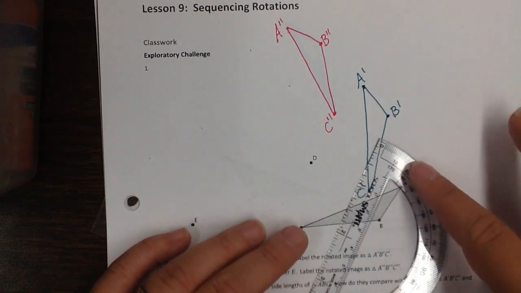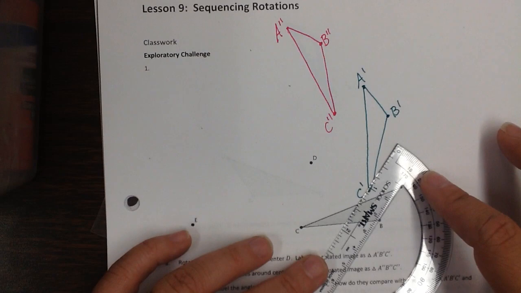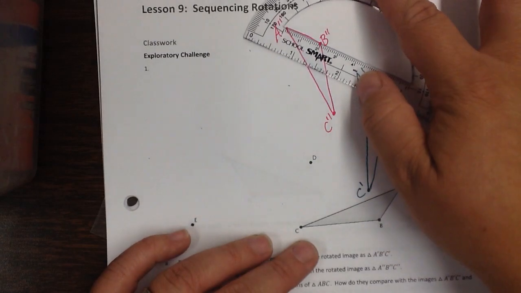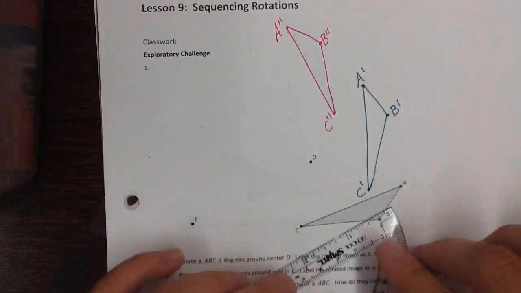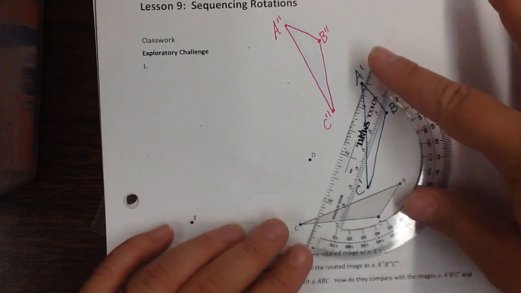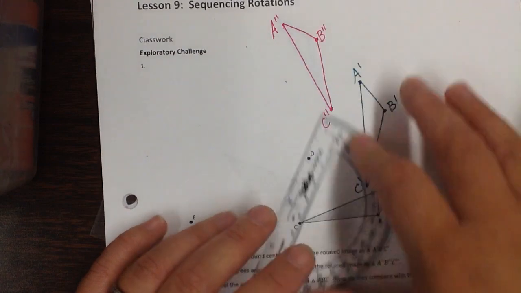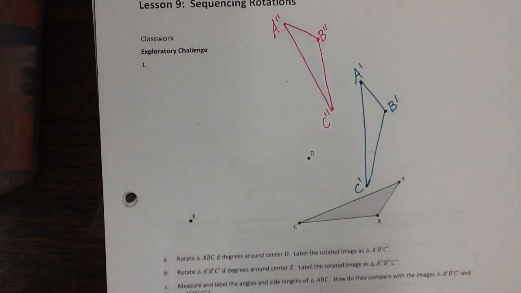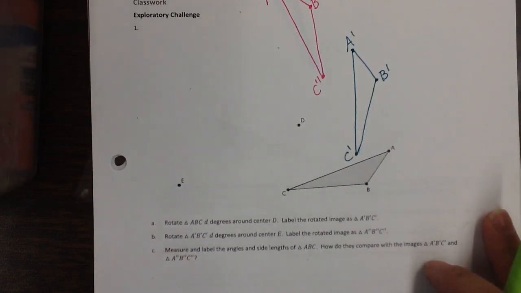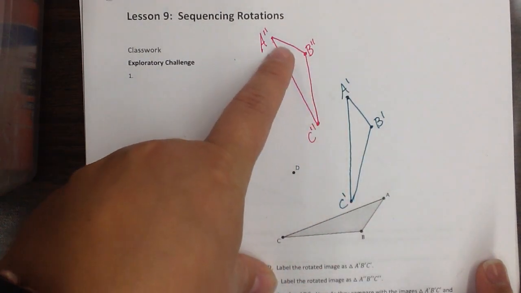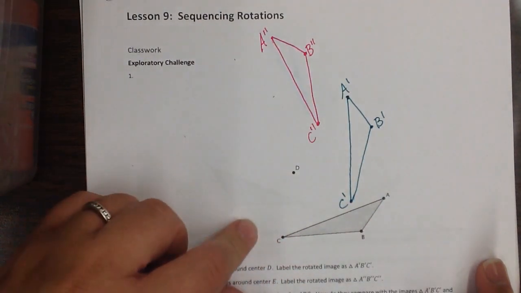You got to keep your lengths the best you can. 2, 2, 2, 4, 4, 4. So if I also measured the angles, okay, they would be the same measurement. So angle A here would be the same as angle A prime and angle A prime prime. The same with B and the same with C.